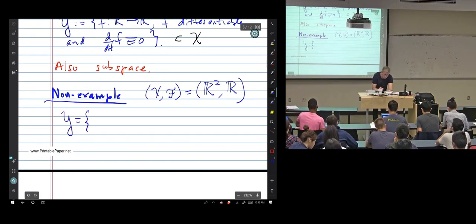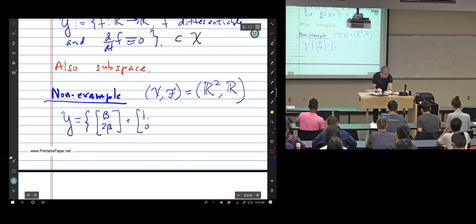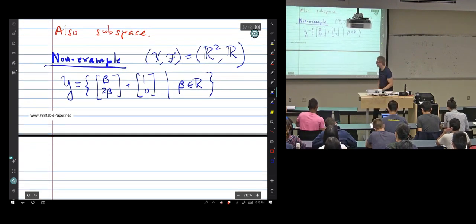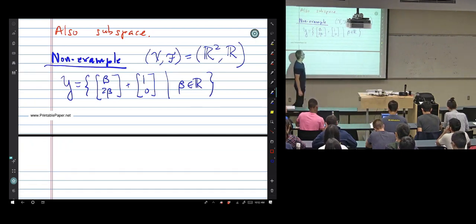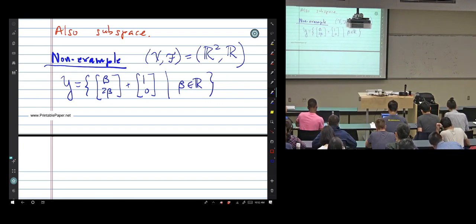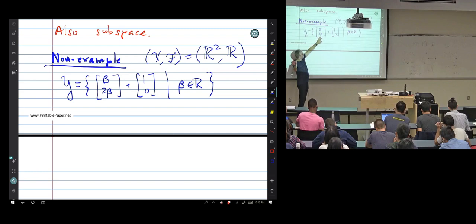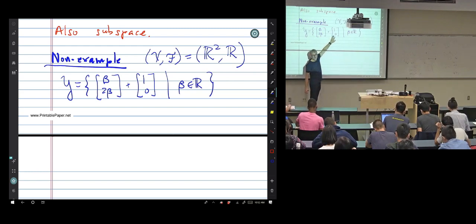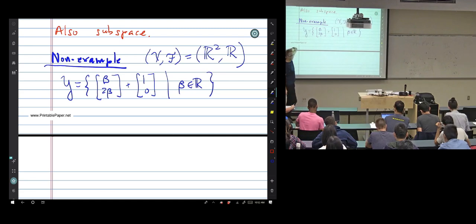Then Y will be things that look like this: beta, 2 beta plus 1, 0, such that beta is a real number. Okay, so it's similar to the example we already worked, except I added an offset to it. Is that a subspace?